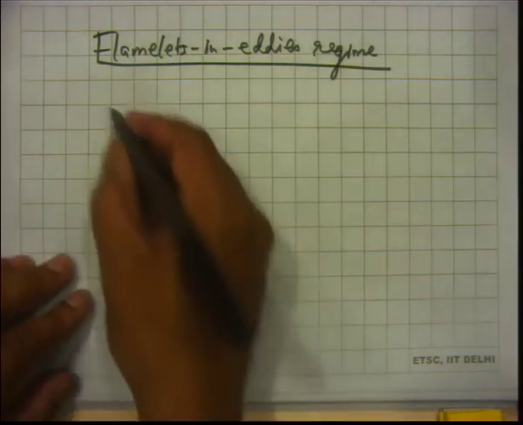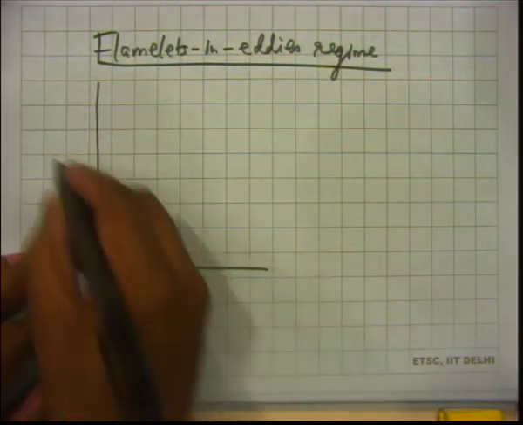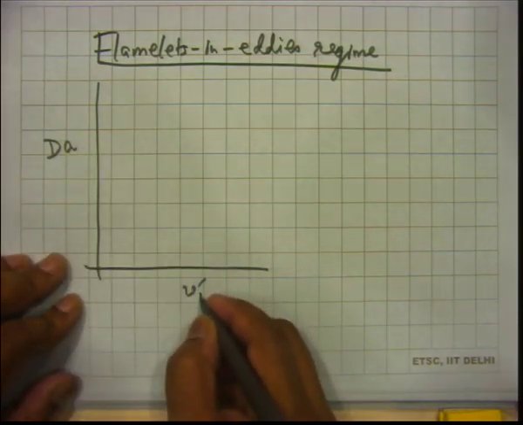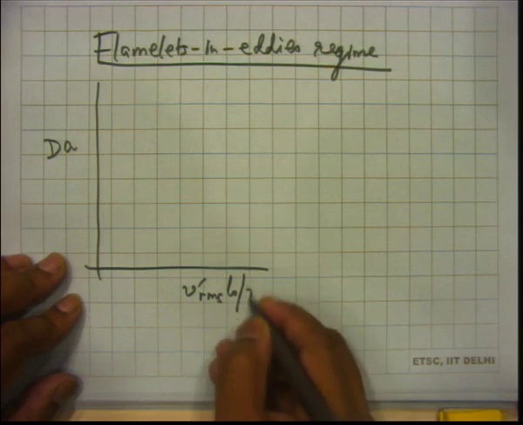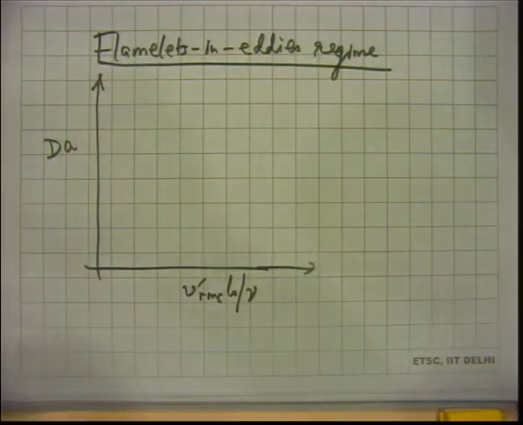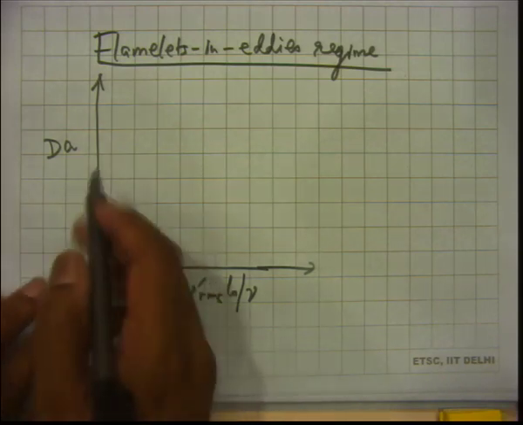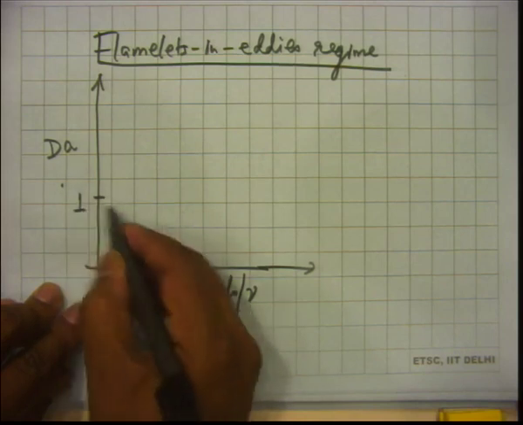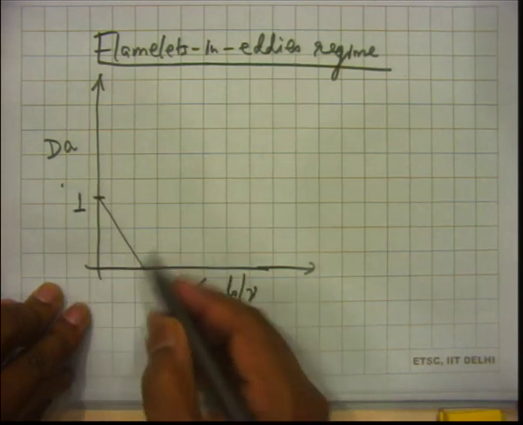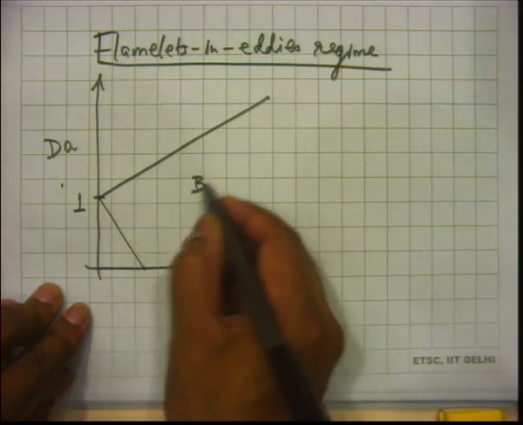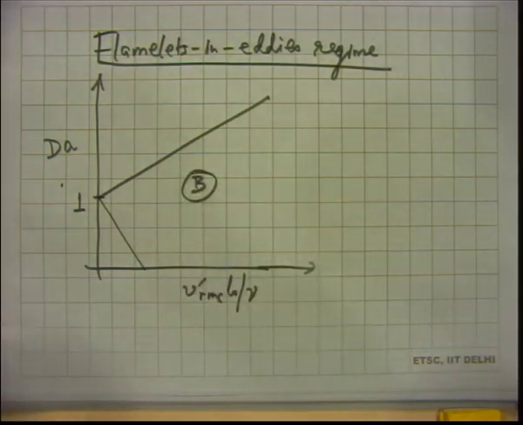What we understand is that, okay, this is our regime diagram, Damkohler number versus turbulence Reynolds number, and remember this is a log scale, this is Damkohler number equal to 1, and looking at this part is called B, this is the flamelet-in eddies regime.